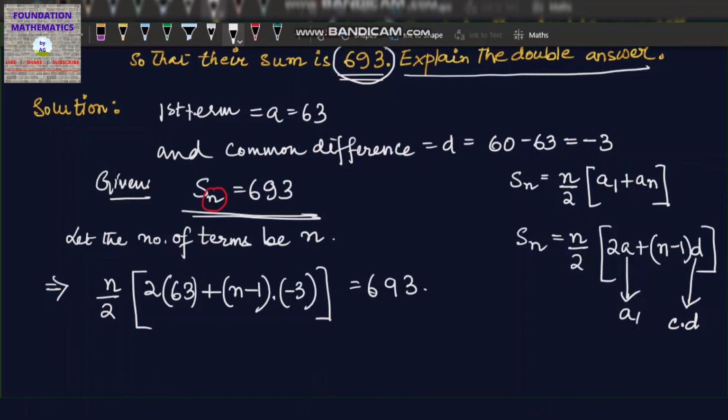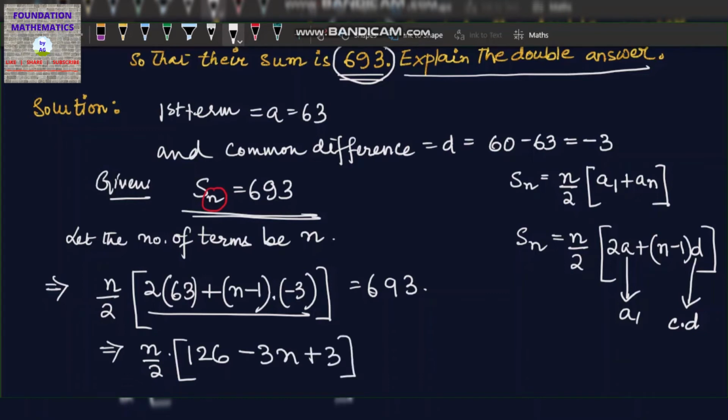So let us simplify this first. So we have n by 2 into 126, that is double of 63. This gives us minus 3n, and minus 1 into minus 3 is plus 3. This is equal to 693.